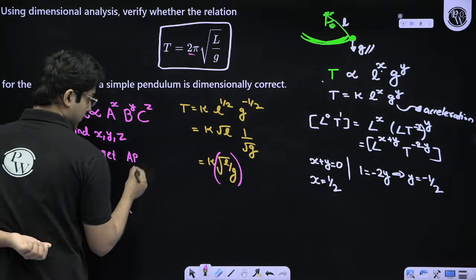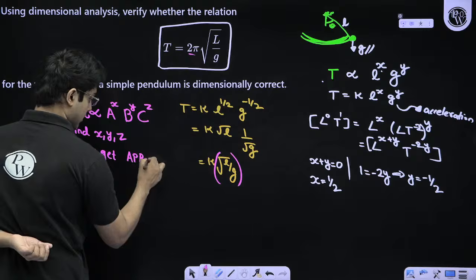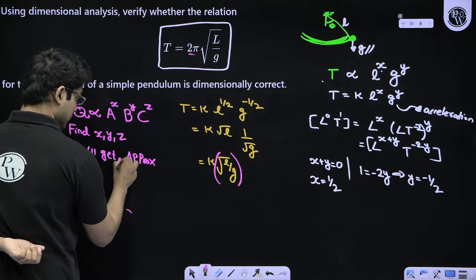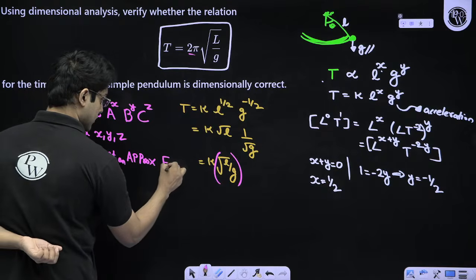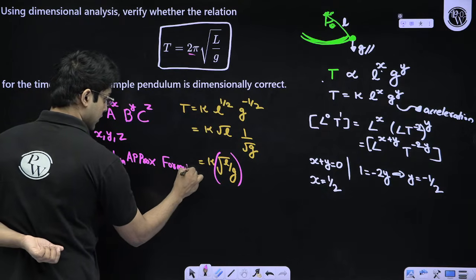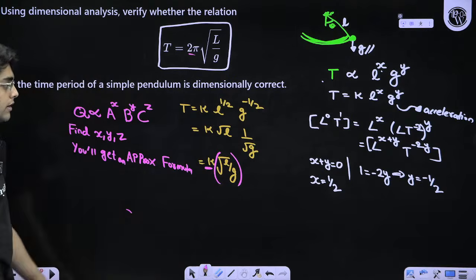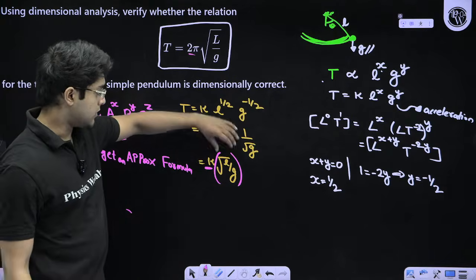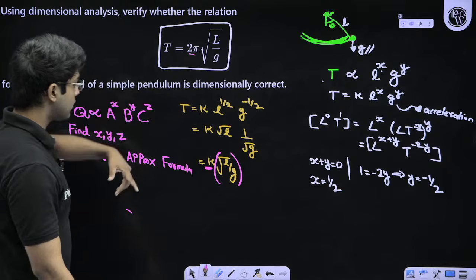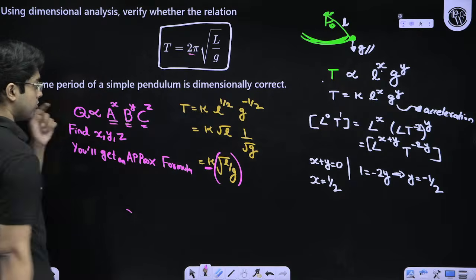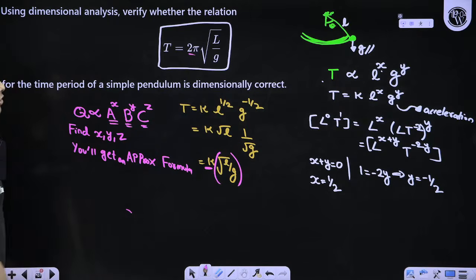You guys get the idea, so I'm just writing approx. Like here we cannot find out k using dimensions, but we got root L by g. So we can find the dependency on A, B, and C, but we cannot find the constant.